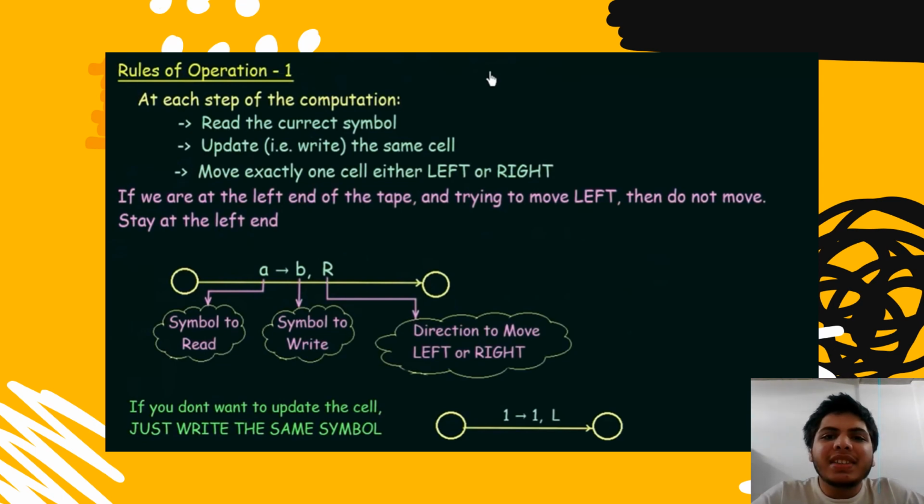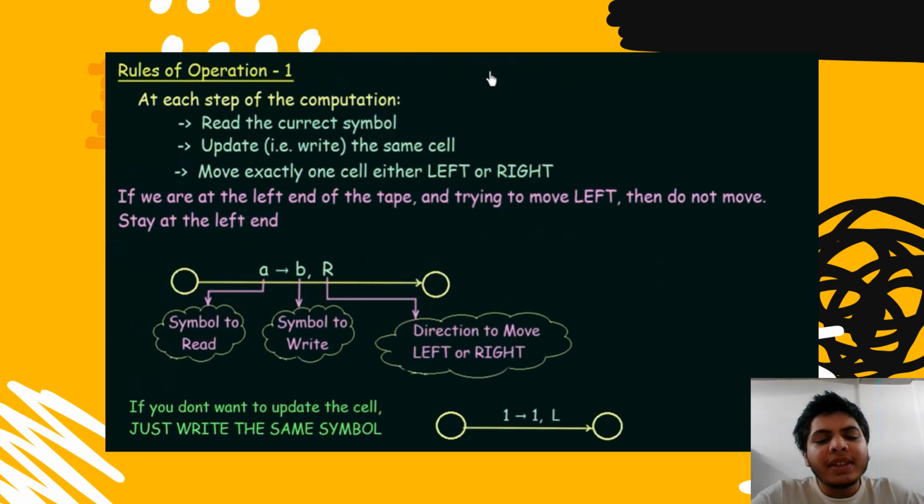Now we will discuss the rules of operations. We have two sets of operations. This is set number one, and it says that at each step of the computation, we can read the current symbol, then update or write the same cell, and move exactly one cell either to the right or to the left.